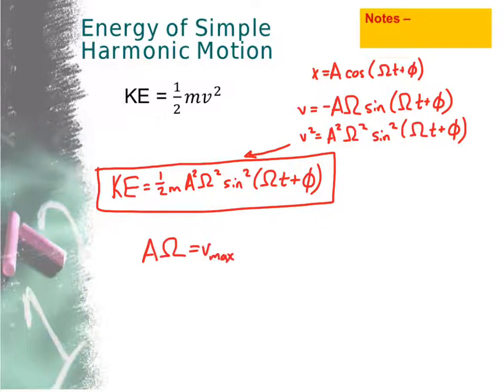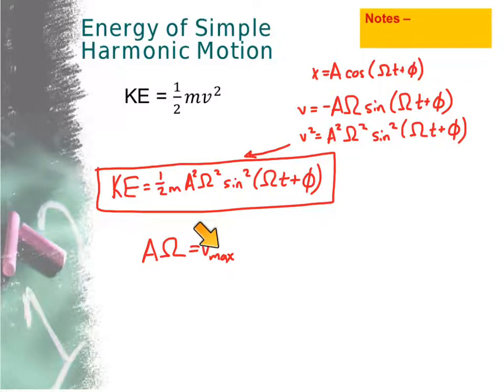First of all, I know that a times omega is going to be the maximum speed that our mass is going to have on the end of the spring. After all, if v is equal to this times negative sine of omega t plus phi, well, this has to be the maximum value that it can take on, because the maximum value of sine is 1. So I know that a times omega is equal to v max.